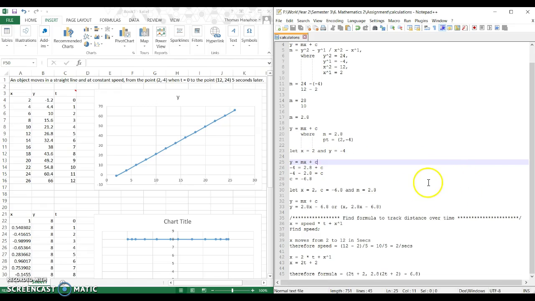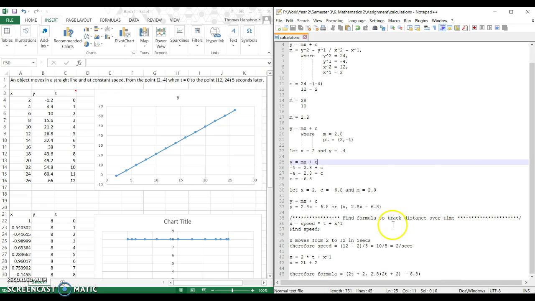Now that I have all the relevant information, I can find the actual line. So let x equal to 2, let c equal to -6.8, and m equal to 2.8, and my answer is y is equal to 2.8x minus 6.8. So using this I was able to then find the formula to track the distance over time.